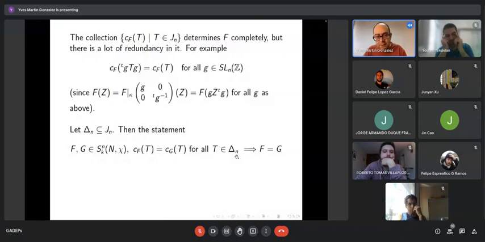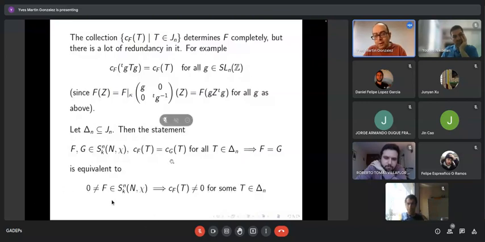The second statement says if you have a Siegel cusp form in the same space and you know that it's non-zero, then there must be some T in this subset where the coefficient is non-zero. So here you have a statement about non-vanishing of Fourier coefficients of Siegel modular forms that tells you that you can identify a collection of matrices which index enough Fourier coefficients so you know when the Siegel modular forms are the same or not.